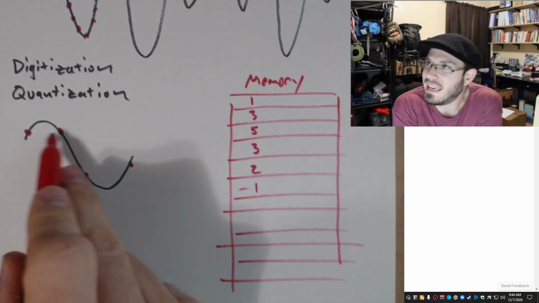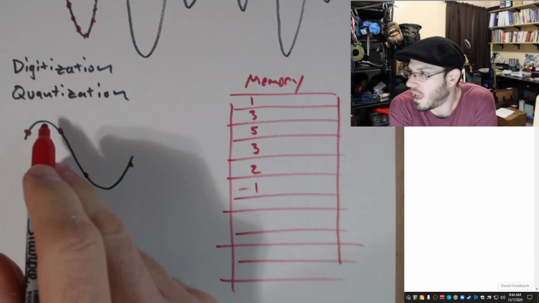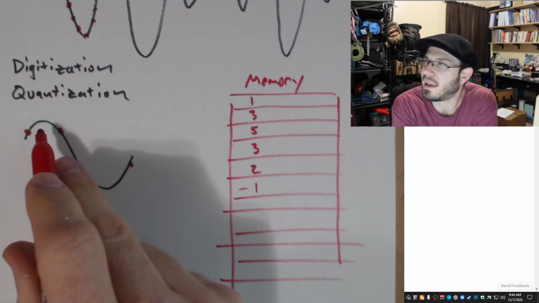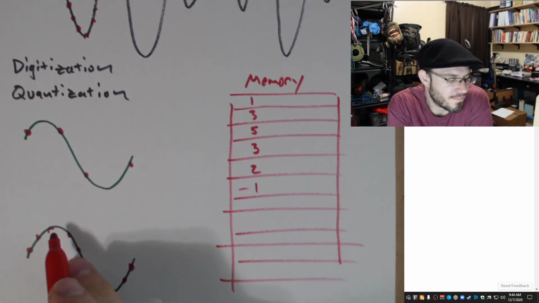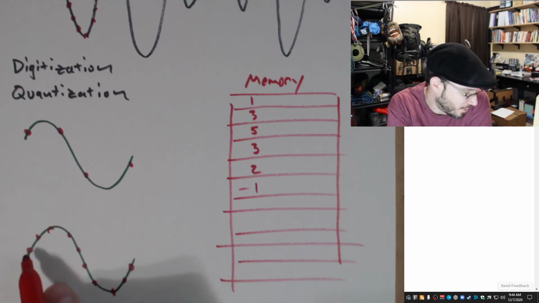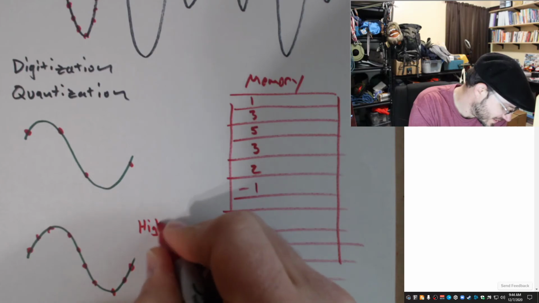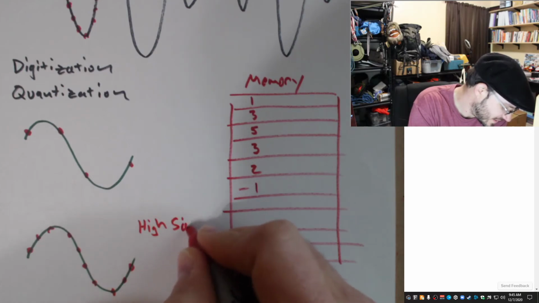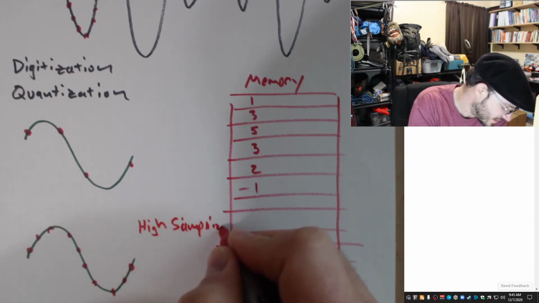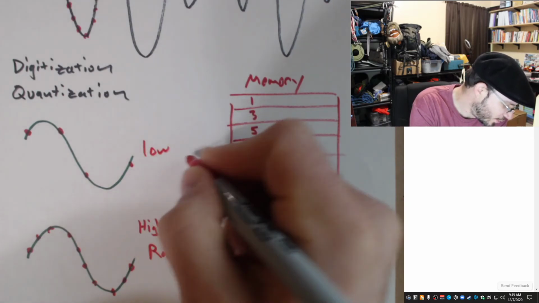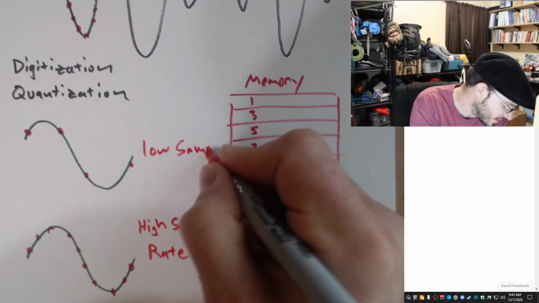Do I have a small sampling? Well, I guess this would be a high sampling rate, or a low sampling rate.